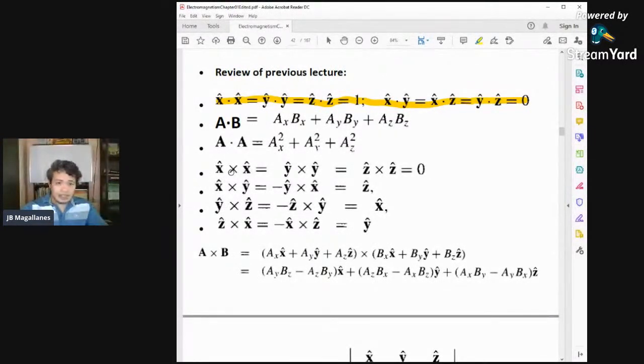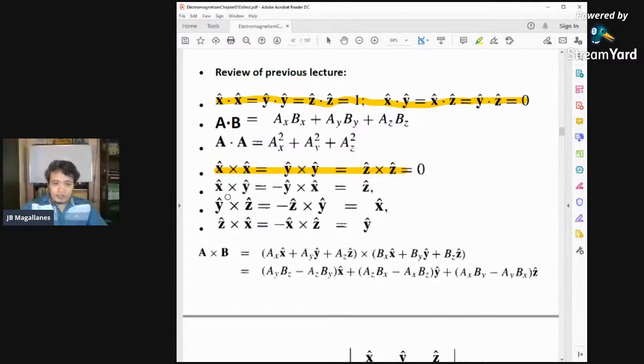In this case, x cross x is a cross product of a vector to itself, meaning you're crossing the same vector to that same vector, and the angle between them is 0. So sine 0 is 0. So you're crossing a vector to itself, for example, y cross y, z cross z. That's all equal to 0 because the angle between them is 0.